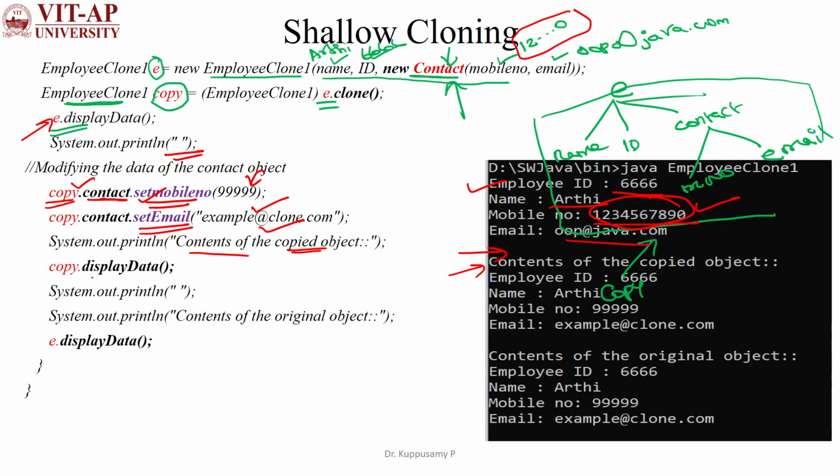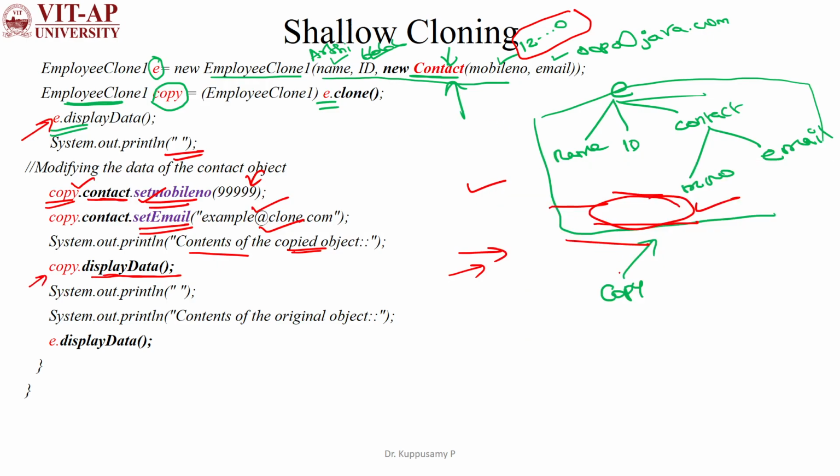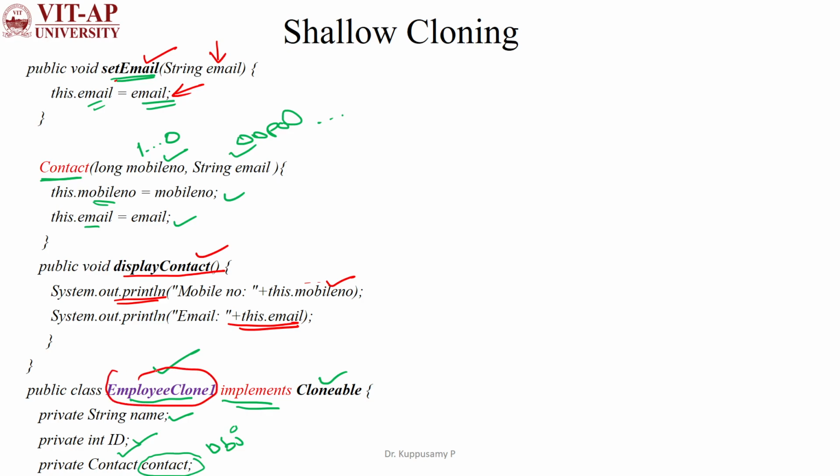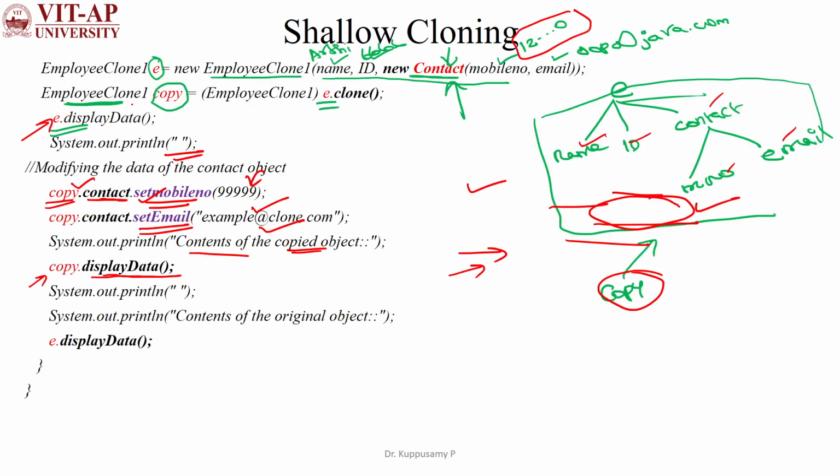We are calling the display data by using the cloned object variable copy, right? So you see, copy is the cloned object variable which has all four values. So we are calling copy dot display data. Why are we calling the employee clone 1 class display data? Because we created the copy object by using the employee clone 1 class.